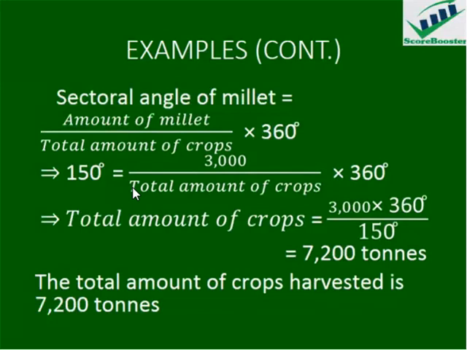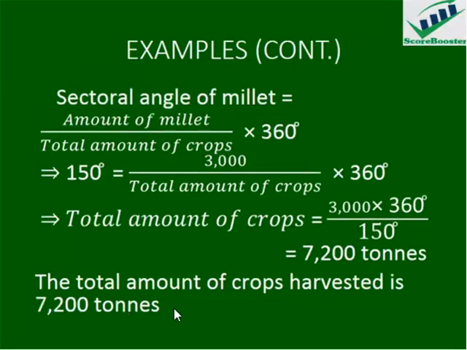So we make total amount of crops the subject of the formula, that is total amount of crops will now be 3,000 times 360 divided by 150. So if this is evaluated, we have 7,200 tons. So in that particular year on that farmland, the total amount of crops harvested is 7,200 tons.